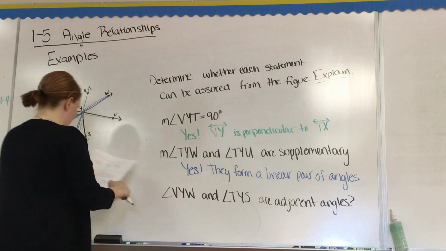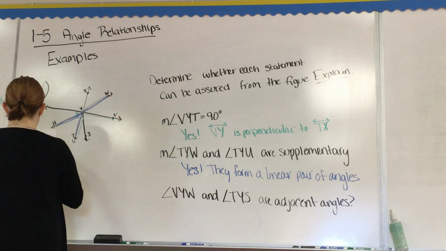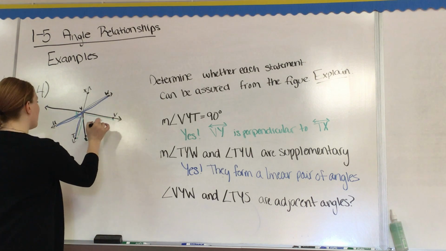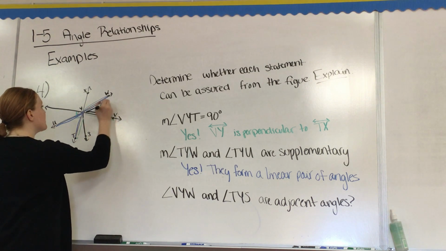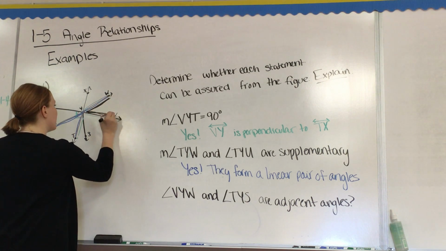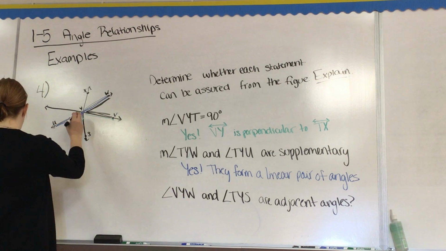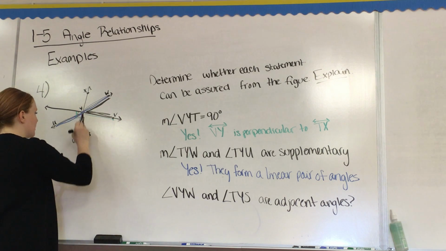Are they adjacent angles? So let's find them. So we have V, Y, and W. So we have VYW, this angle right here, and TYS. So we have this angle right in here.